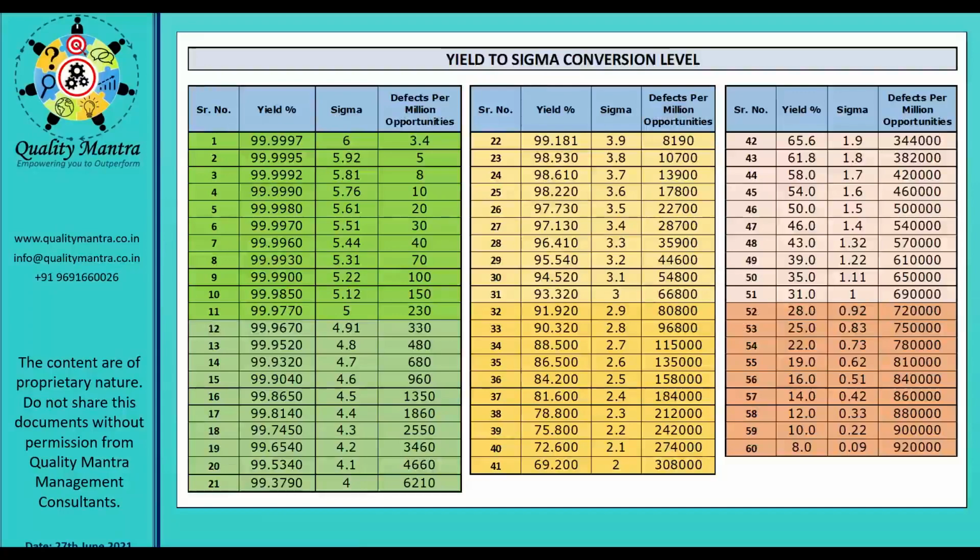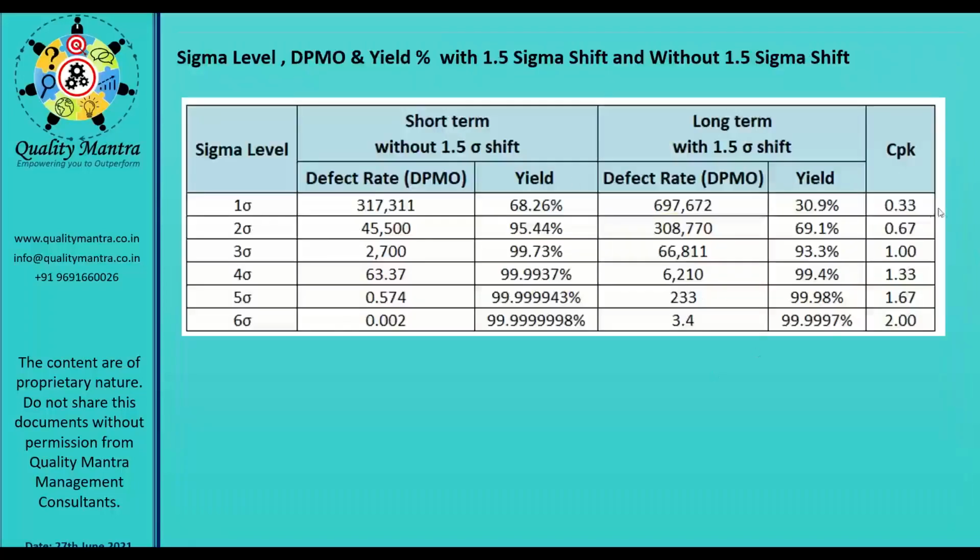This is the Cpk to Six Sigma conversion. Because it was Six Sigma level of 1, 2, 3, 4, 5, 6, we have converted it to a very minute level, like what will happen if your Cpk value is 1, 1.1, 1.2, 1.3, 1.4. So normally, if you want to arrive at a sigma level, multiply the Cpk value by 3. If you multiply your Cpk value by 3, you will get the sigma level at which you are operating.